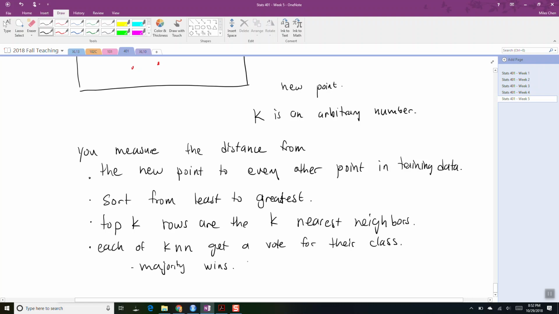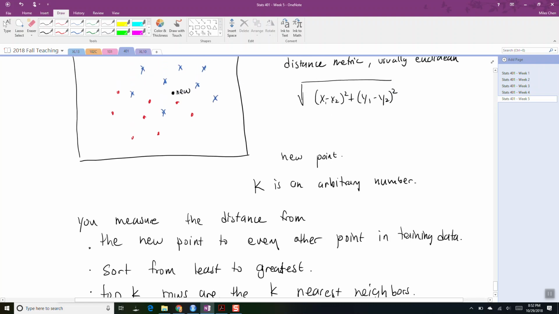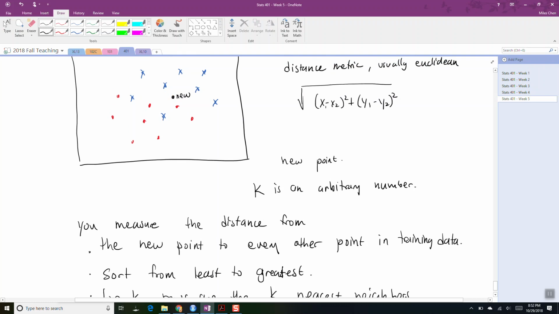So if this is my new observation right here, and I say, what are my 3 nearest neighbors? Well, actually, I don't know. This is probably my closest one, and this is probably my second closest one, and which one is the third closest? I don't know.